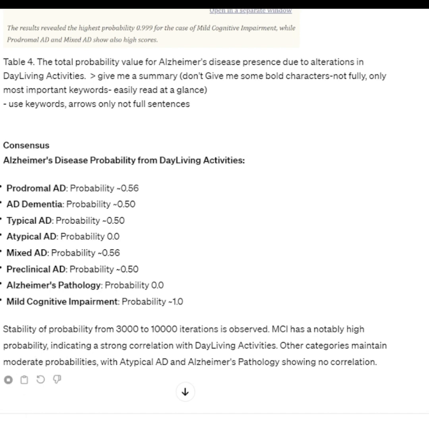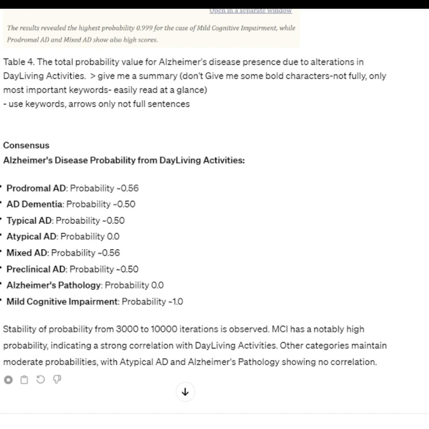Alzheimer's disease probability from daily living activities: prodromal AD, probability 0.56; AD dementia, probability 0.50; typical AD, probability 0.50; atypical AD, probability 0.0; mixed AD, probability 0.56; preclinical AD, probability 0.50; Alzheimer's pathology, probability 0.0; mild cognitive impairment, probability 1.0.